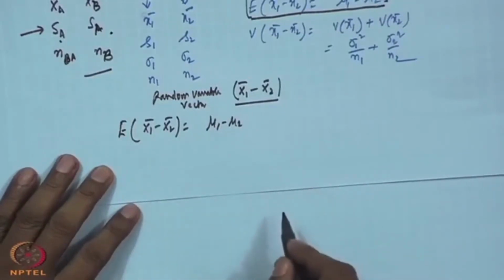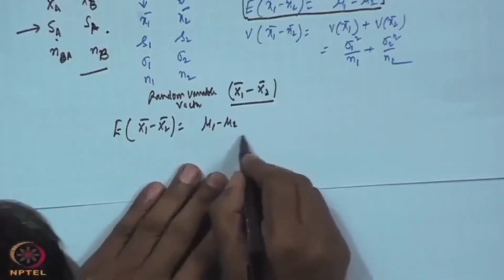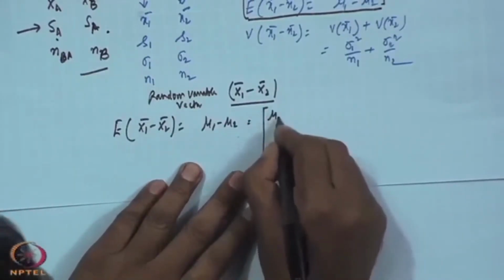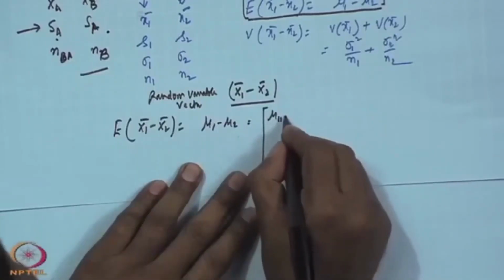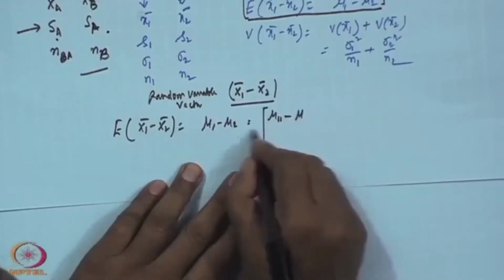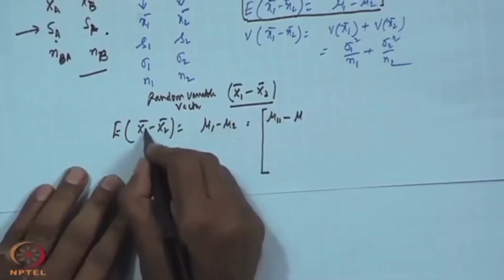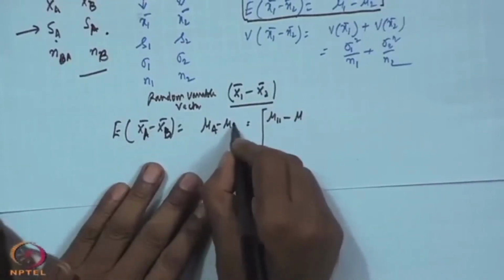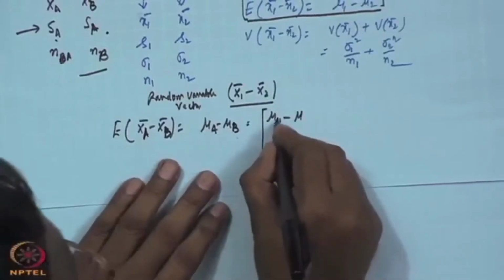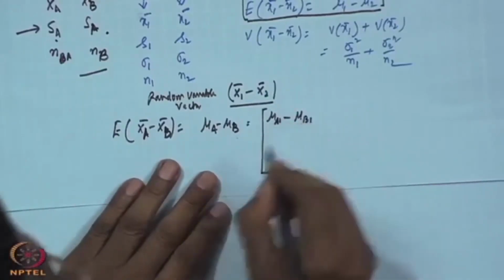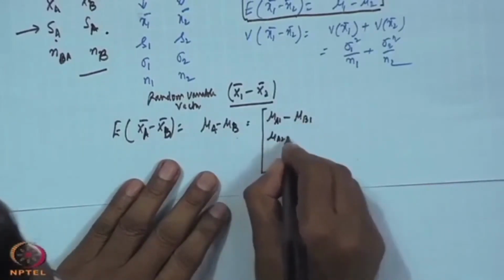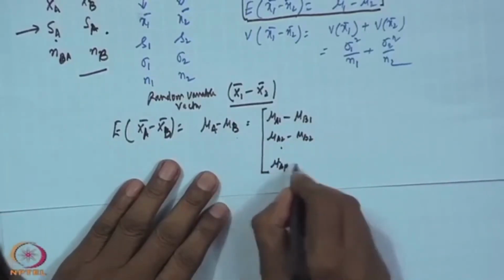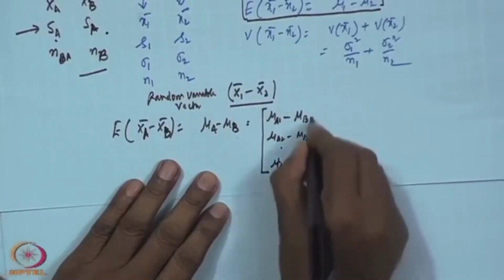There are p variables, so this will be a vector like this: mu A1 minus mu B1, mu A2 minus mu B2, like this, up to mu AP minus mu BP.